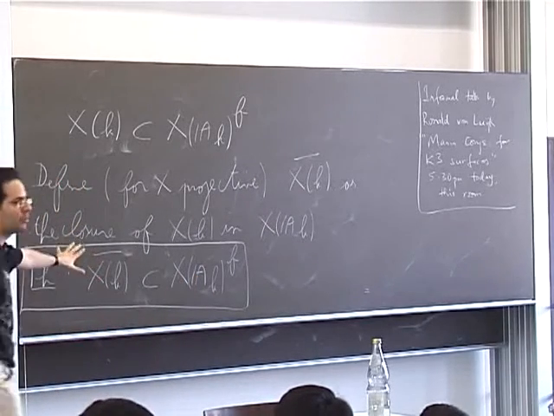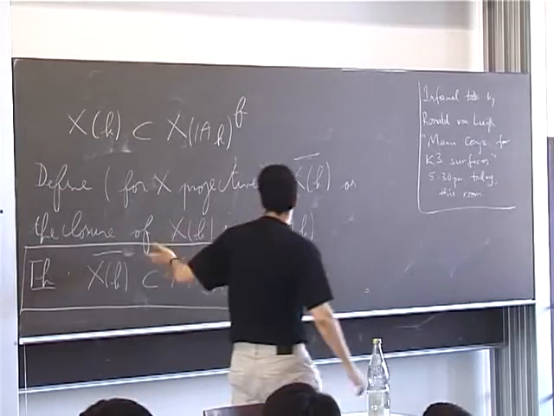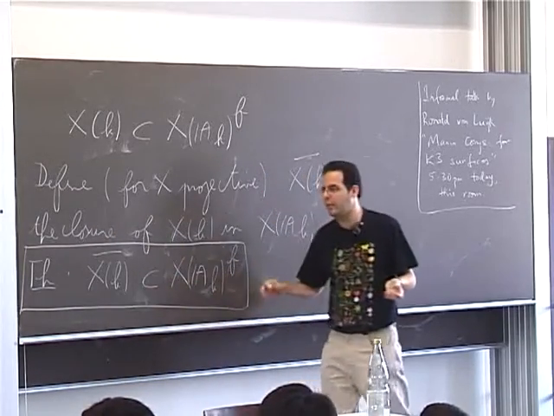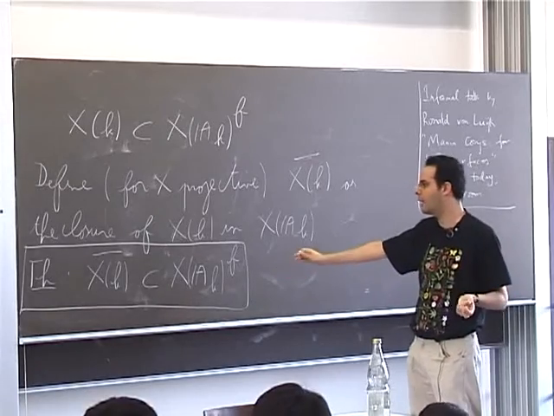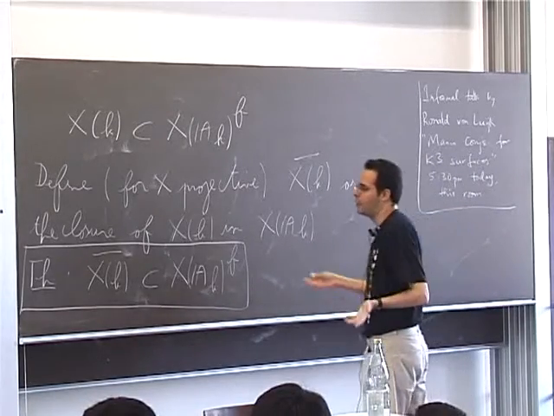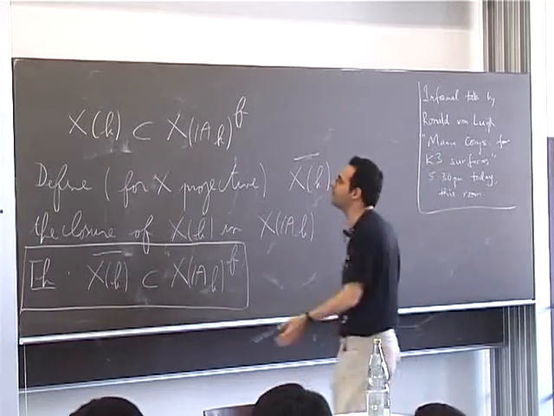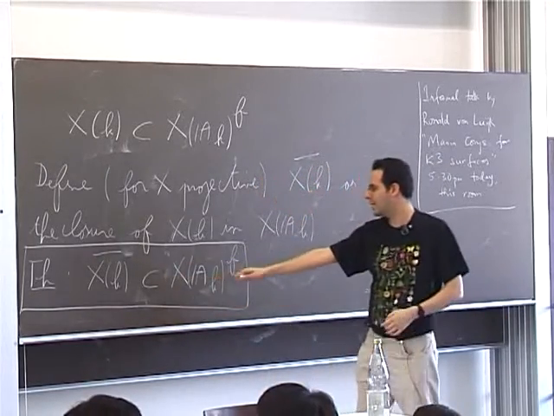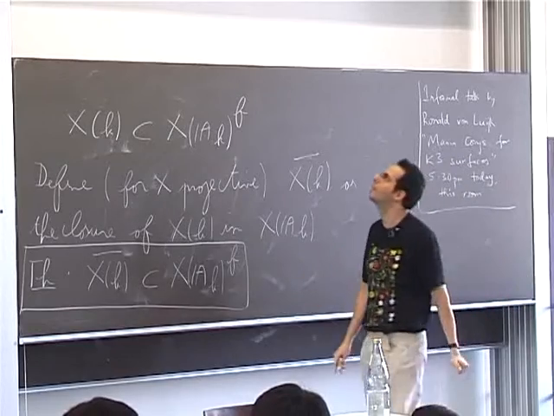I'm not going to give the proof, but for example, if G is connected, this is an easy consequence of the well-known Borel-Serre finiteness theorem in Galois cohomology. And for G not connected, it's an extension of Borel-Serre's theorem. So this statement is classical in the case of descent under a group of multiplicative type, for example.